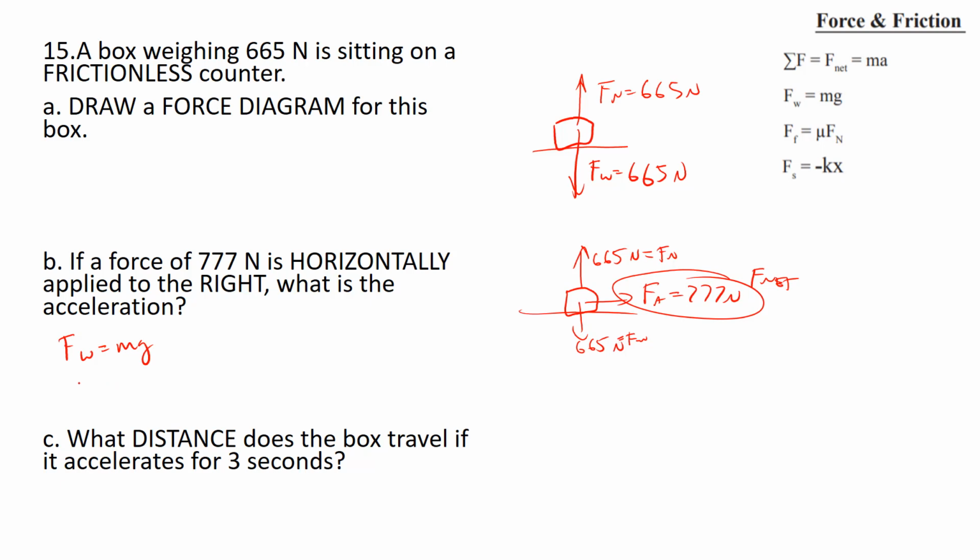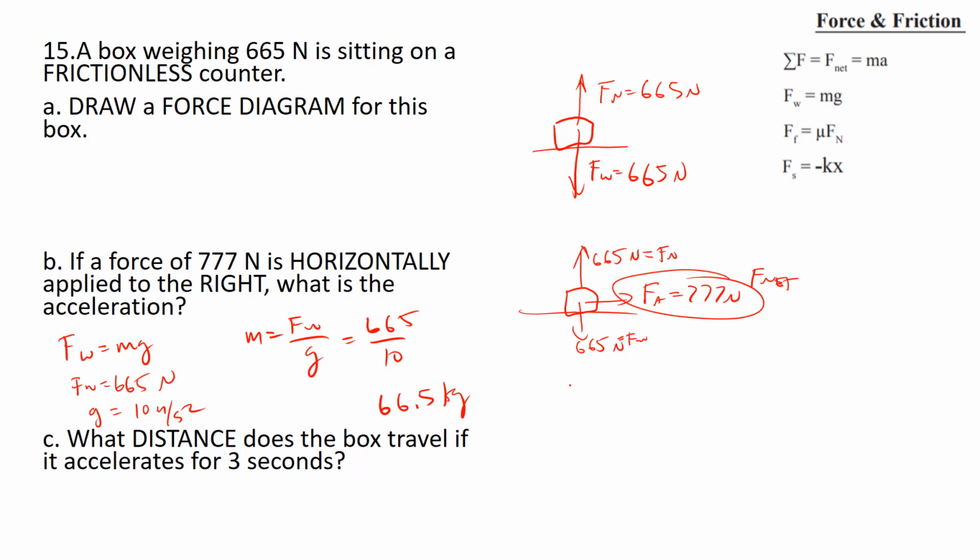In this case, F_w equals 665 newtons, and the gravity is 10 meters per second squared. And so when we're trying to find mass, mass equals F_w divided by g, which is 665 divided by 10, or 66.5 kilograms.